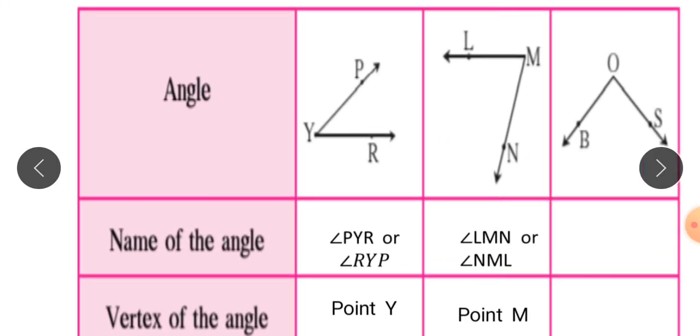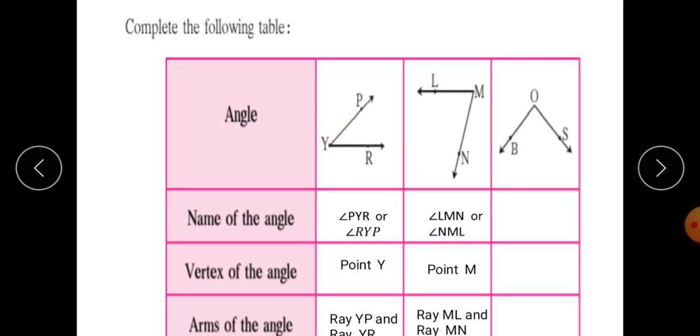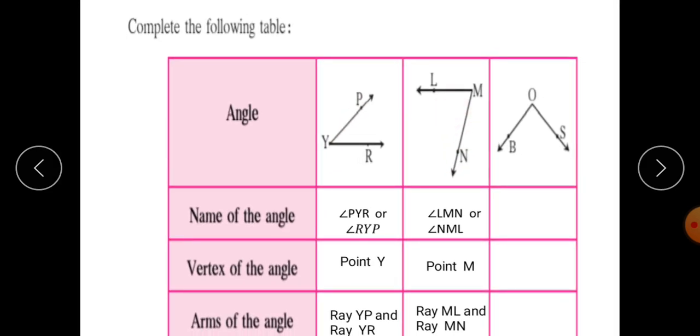For the first figure, the name of the angle is angle PYR, or we can write the same name as angle RYP. Here the common point for this angle is point Y. Therefore, the vertex of the angle is point Y. And ray YR and ray YP are the two rays, and these two rays are the arms of the angle PYR.